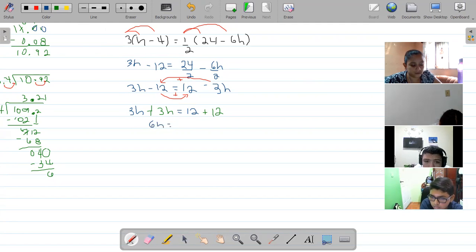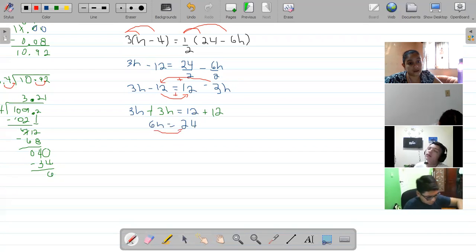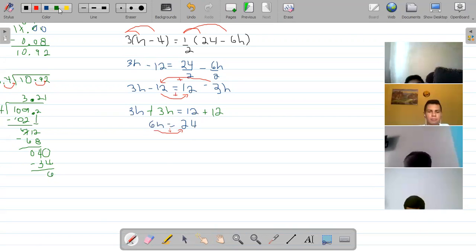And 12 plus 12, 24. What do I do next? Divide the 24 with the 6. So this 6 needs to go to the other side, dividing, right? So I'm going to have now that h is equal to 24 over 6.